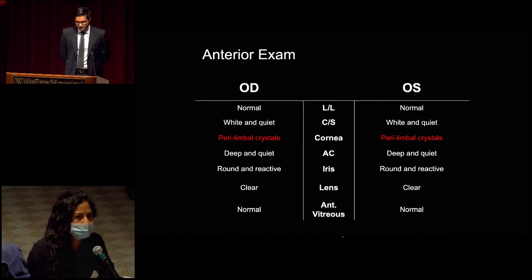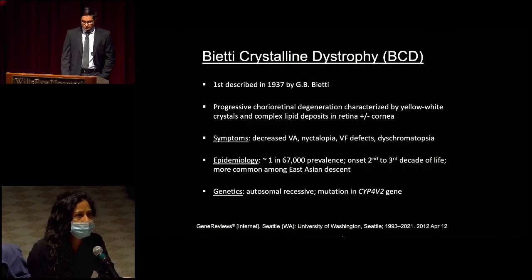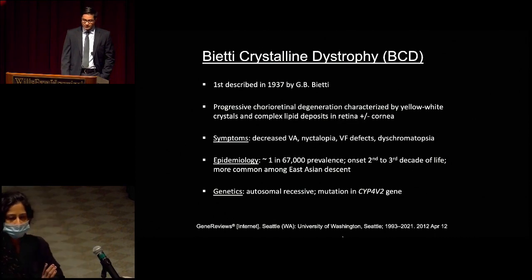With this constellation of findings, he was sent for genetic testing and found to be homozygous for a CYP4V2 mutation, giving him a diagnosis of Bietti's crystalline dystrophy, a progressive chorioretinal degeneration characterized by yellow-white crystals and lipid deposits in the retina and, in some patients, the cornea as well.